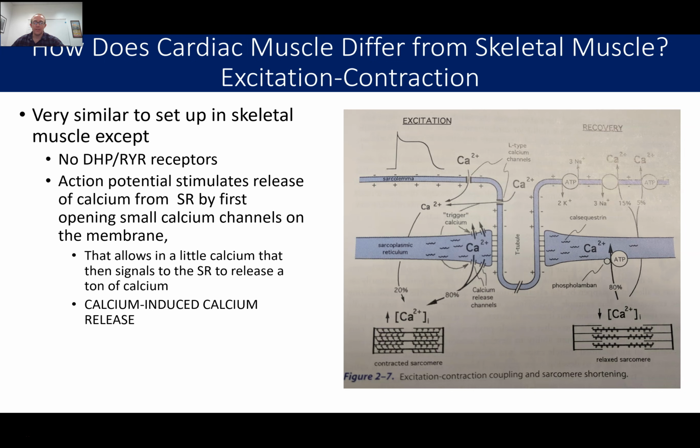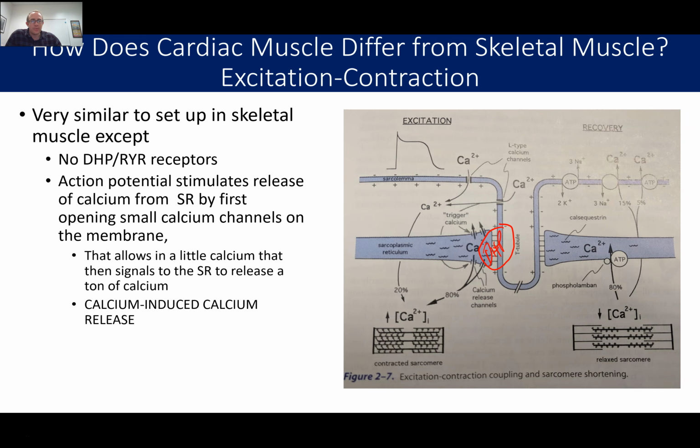Now, in terms of once you get the action potential in the heart muscle, how do you get calcium release? There's slight differences in the heart versus skeletal muscle. Remember, in the skeletal muscle, the action potential would go in the T tubules and stimulate dihydropyridine (DHP) receptors, which bound the T tubule to the sarcoplasmic reticulum, along with the ryanodine receptors.